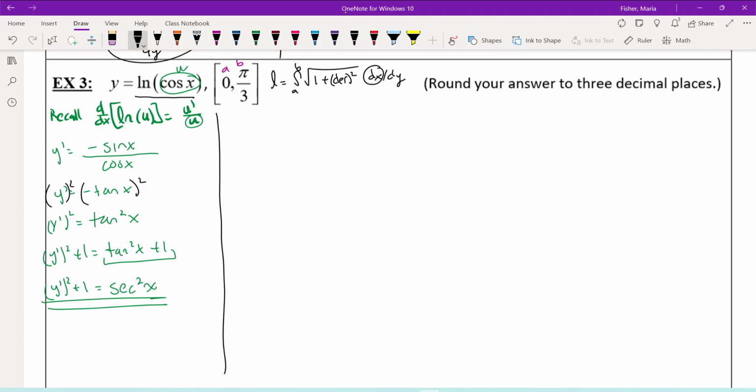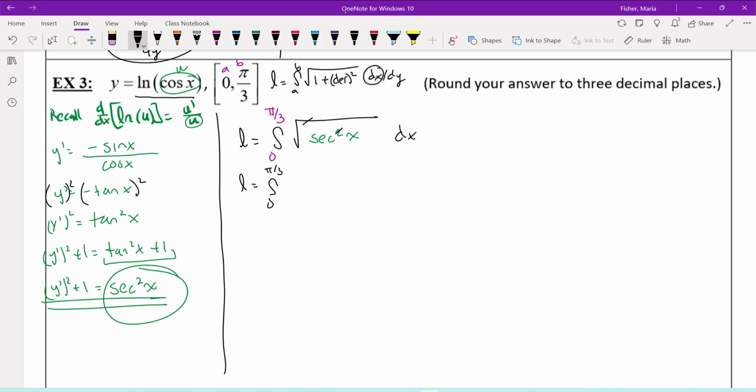Coming over here, we know that our arc length is going to equal the integral from 0 to pi over 3 of the square root of secant squared dx. Now the square root of secant squared will cancel with the square root and the squared, and it remains as positive secant because 0 and pi over 3 are in the first quadrant, and secant is positive in that first quadrant.